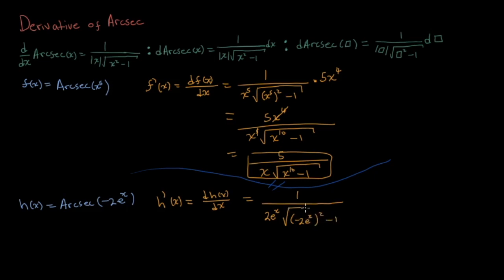And then we're going to multiply all this by the derivative of this box here, which in this case is negative 2 times e to the x. The derivative of negative 2 times e to the x is just itself, so times negative 2 times e to the power of x, and then we multiply by the derivative of x, which is just 1.